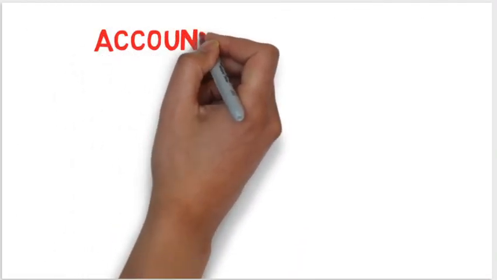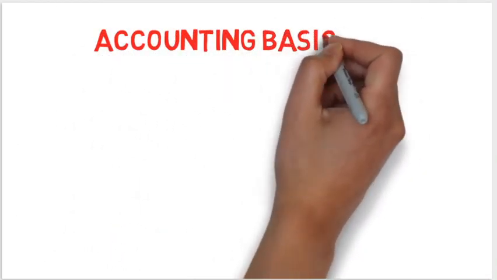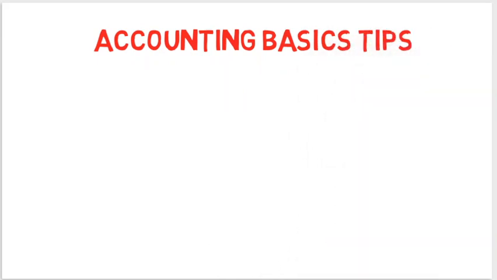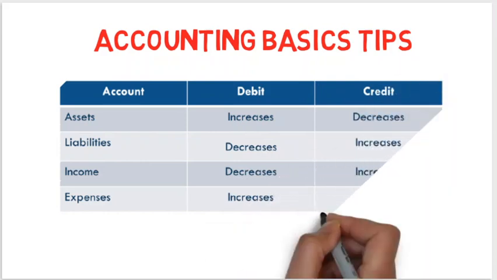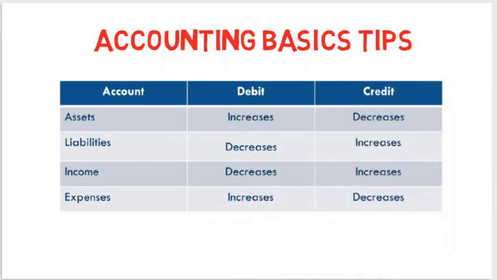Accounting basic tips. To determine how you would record the transaction, you have to determine what kind of account is being affected and if it was increase or decrease. There will be 4 types of account: asset, liabilities, income, and expenses.